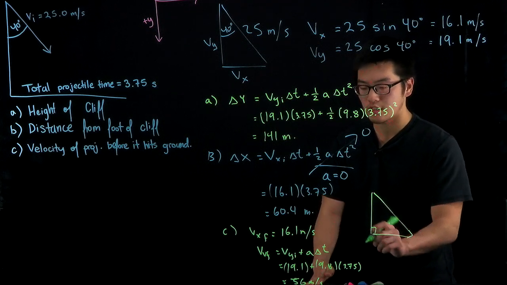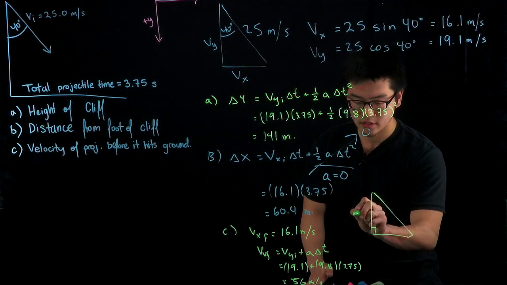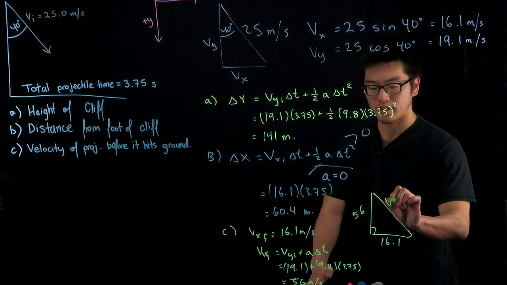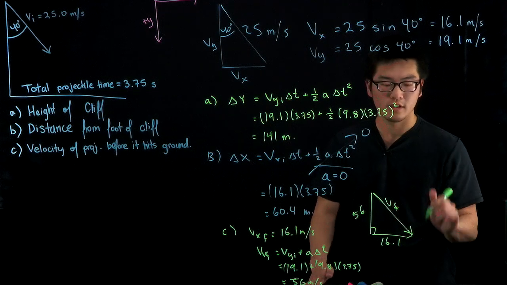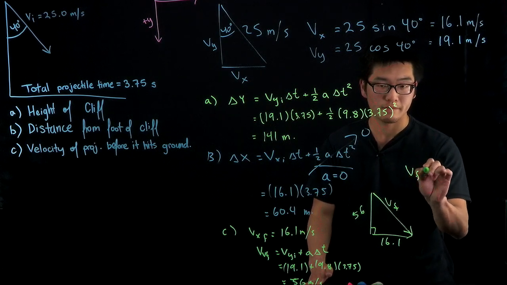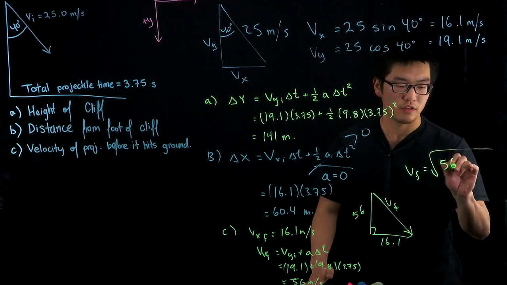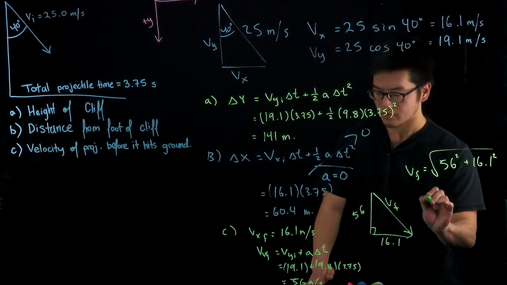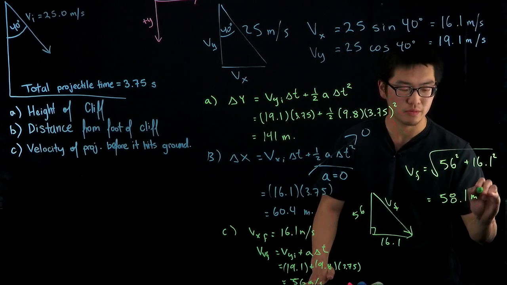So we can use the Pythagorean theorem to calculate our final velocity. Let me draw a triangle. Since the x component and the y component are independent of each other, we could simply write those by themselves, and we calculate this vector right here, which is the final velocity. That final velocity is equal to the square root of the y component squared plus the x component squared, and that is equal to 58.1 meters per second.